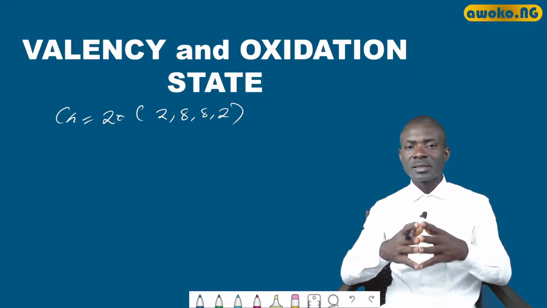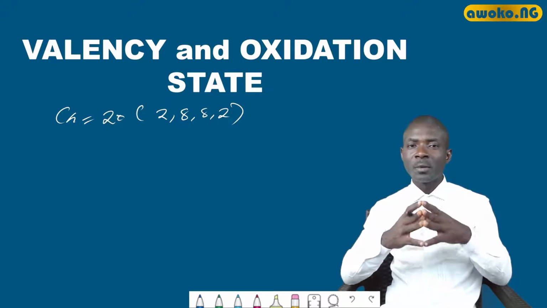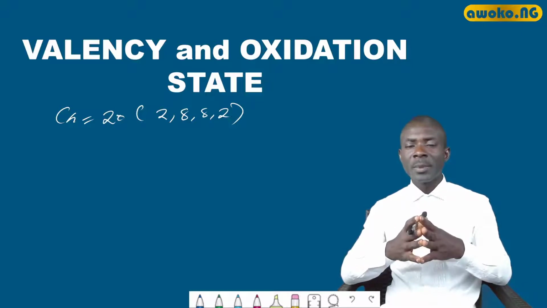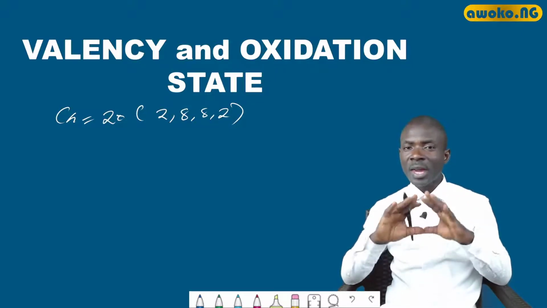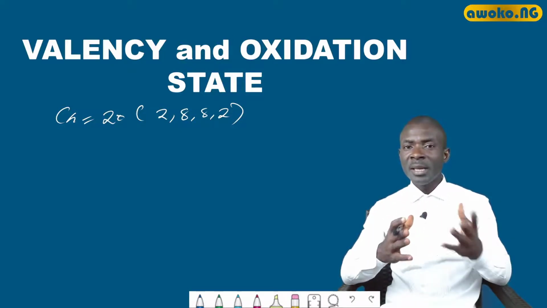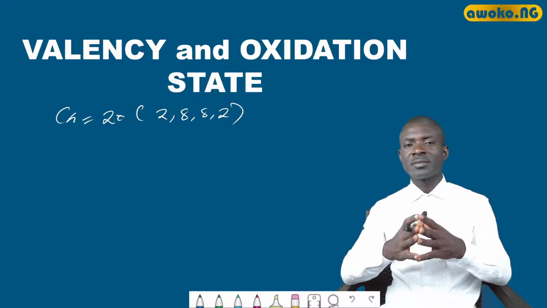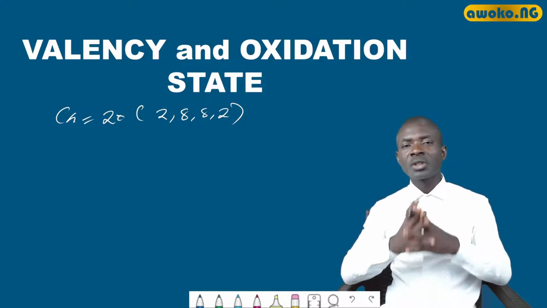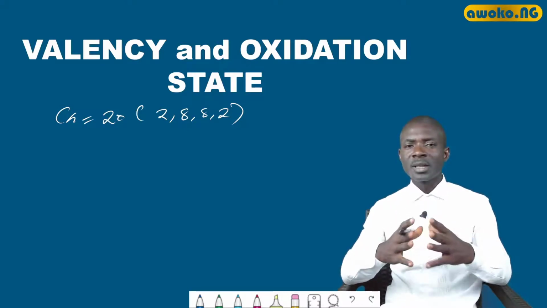Elements in group 6, valency of 2. The elements in group 7, valency 1, while the elements in group 8 have no valency. This is simply because they have a complete octet or duplex structure, which makes them inert or non-reactive. They have an outermost shell that is already filled with electrons.